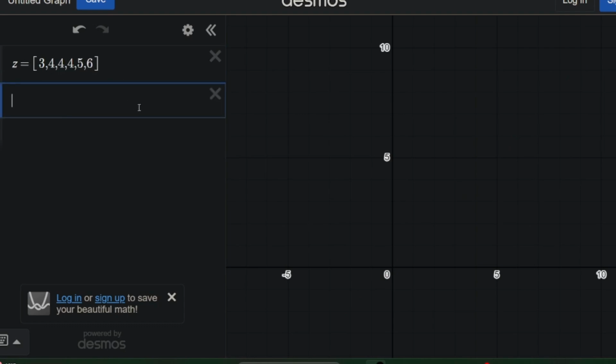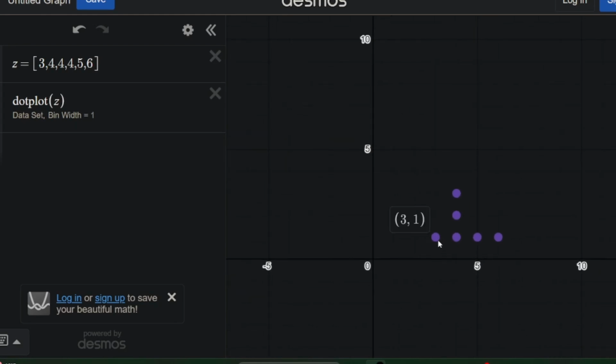What we're going to do is create a dot plot. Literally just type dot plot Z. Right here, we can see which number shows up the most, and that's going to be 4. Now we can obviously tell by the data here, but let's just say you don't know what mode is. You just list out every single number given to you and do that. Okay, so that is how you find mode.